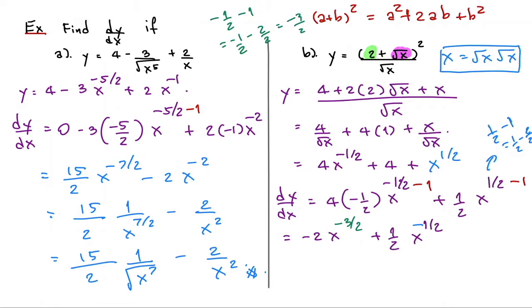Okay. So the answer would be minus 2 divided by x cubed, and you take the square root, plus half and square root of x, and that is the answer. Okay, does it make sense?